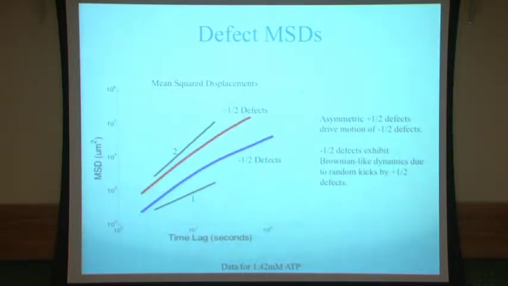At short time scales they experience kicks by +1/2 defects, so they move ballistically. But on longer time scales they move diffusively, and a +1/2 defect moves much more ballistically, and this is the slope too. Okay.